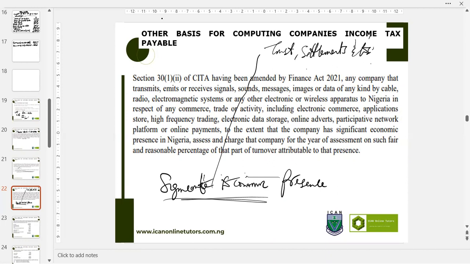Oh, you've forgotten. And I think we also treated it while taking you through stamp duty, when a duty will be assessed electronically. You have forgotten. Please, you need to go back and revise your notes. This is very, very important.